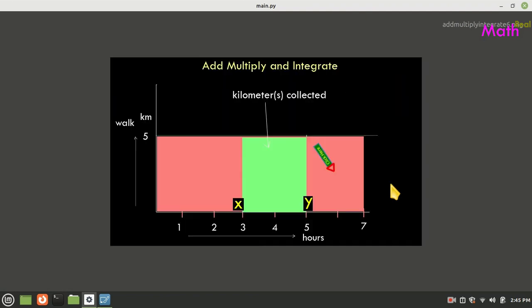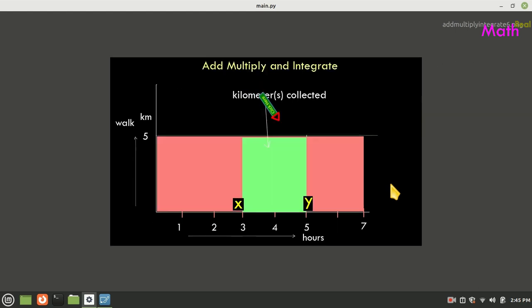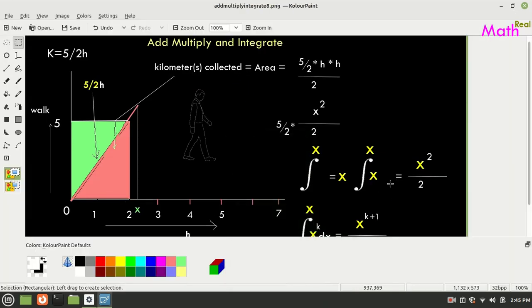This is what we saw in the rectangle. If I just remove the y, then it is x for the rectangle. If it is 5, then it would become 5x.